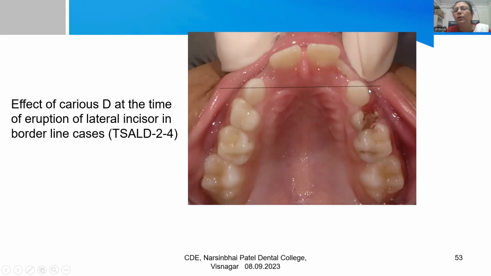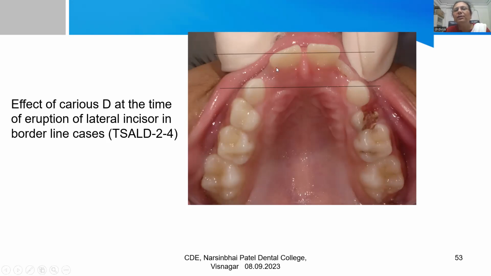It means the canine should move laterally and distally, but there is only a distal direction because B is either extracted or carious, while the inclination of this permanent central incisor is corrected by itself, but there is less space left.